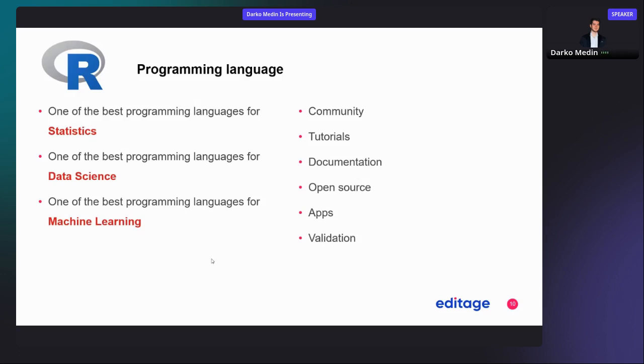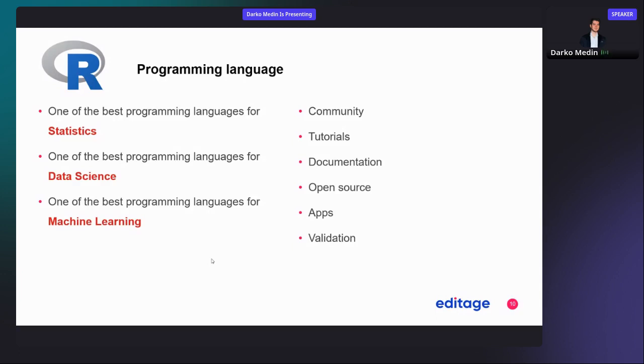For example, the R programming language, one of the best programming languages for statistics, for data science, and for machine learning. So as you can see, there is a very, very diverse set of uses where such a programming language can be implemented.